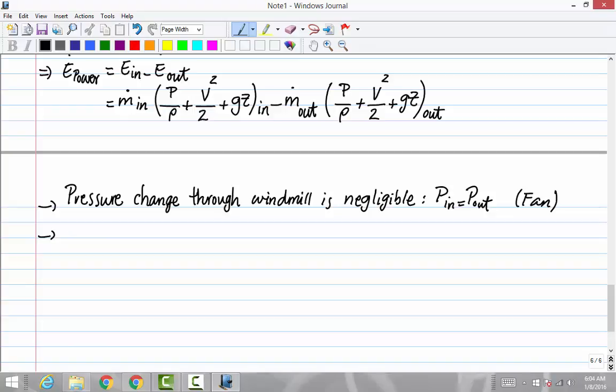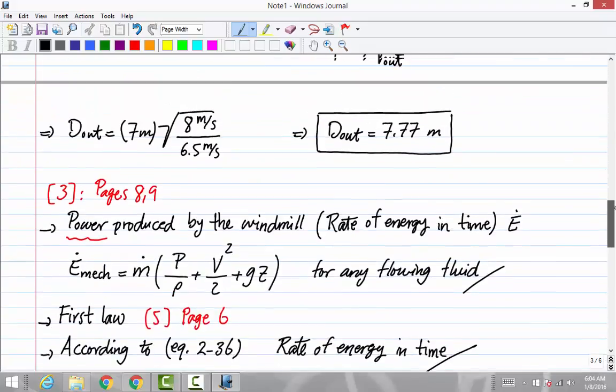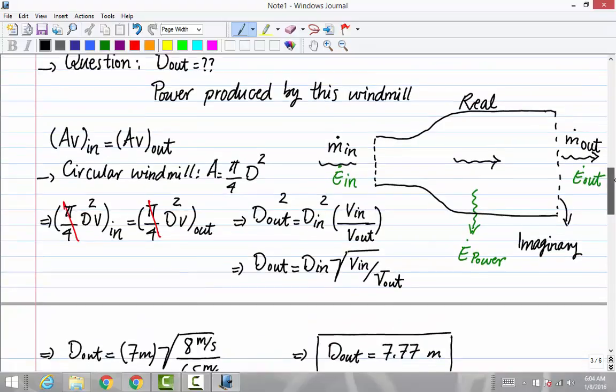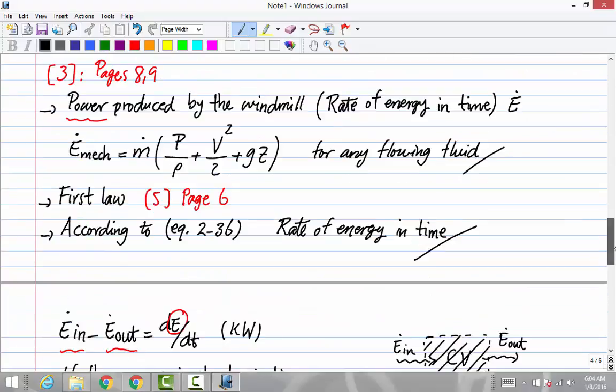If you take a look at my system here, this is my system. Inlet and outlet, they are both at the same level, height.